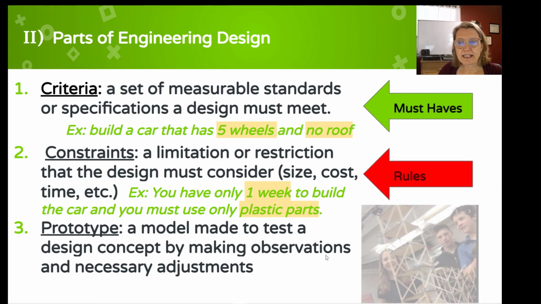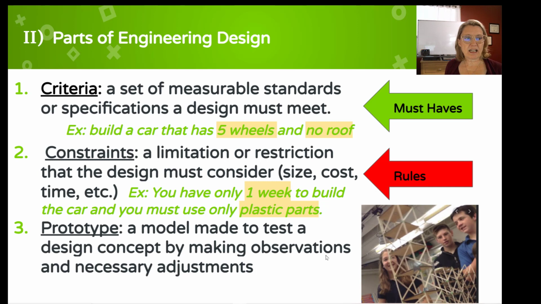All right, so part 2 here, what are the parts of the engineering design? Criteria. When you get into the workforce, if you are an engineer, somebody's going to give you a project to do. Your boss will give you a project to do. And it is the set of measurable standards or specifications that a design must meet.